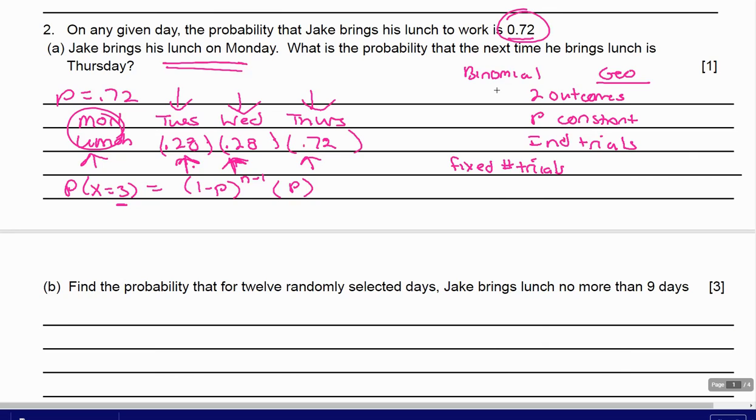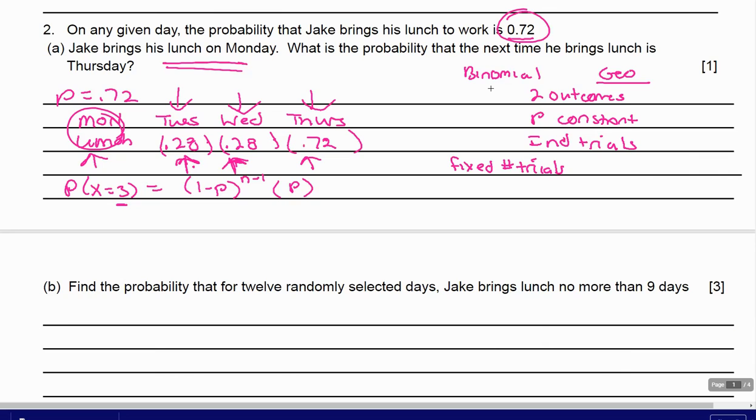Now, if I asked you, what's the probability of bringing your lunch on the next day? Well, now that's 0.72. If Monday I brought my lunch and I want to know the probability of bringing it again on Tuesday, that's 0.72. Does that make sense? But if it's on Thursday, I also have to consider what happened on Tuesday or Wednesday first.